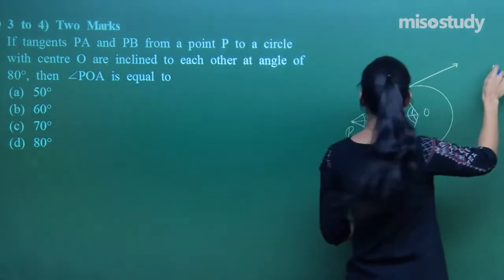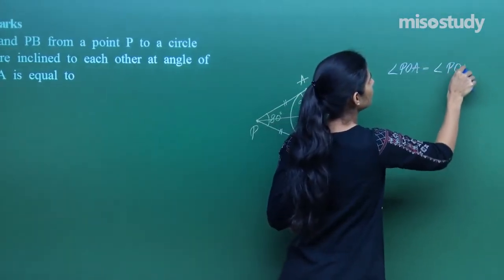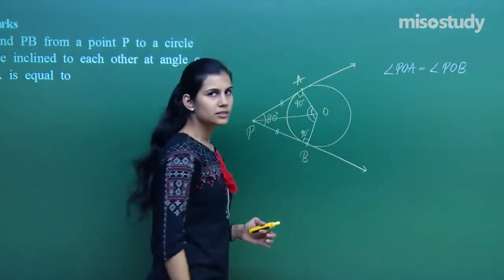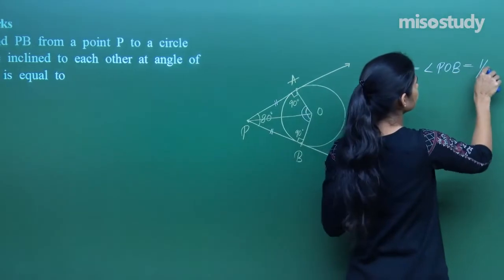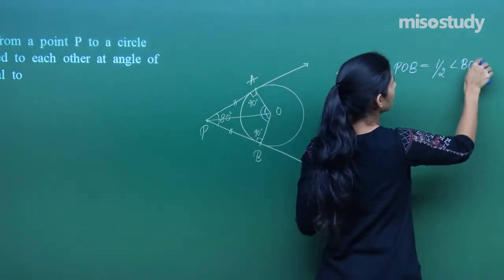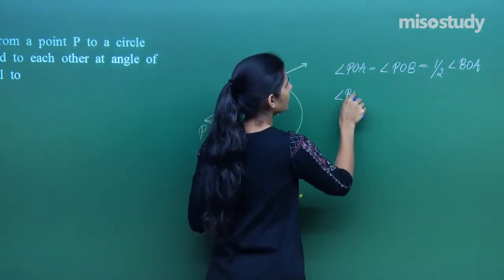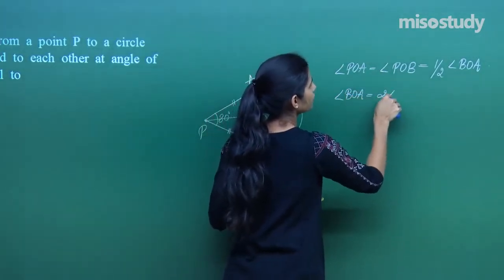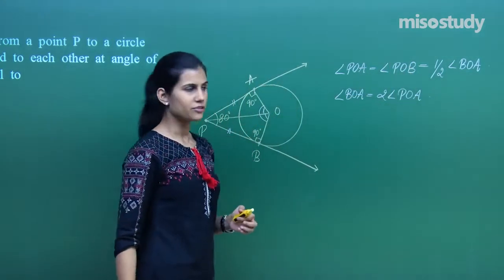So you have angle POA is same as angle POB, and both are equal to half of angle BOA. Is it clear? Or I can say angle BOA is twice of angle POA, or angle BOA is twice of angle POB, anything you can write.